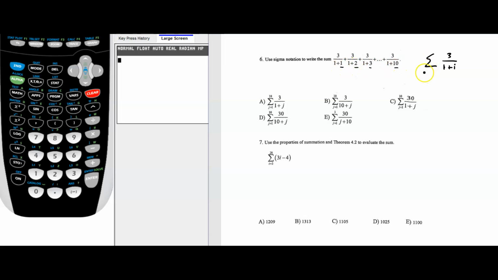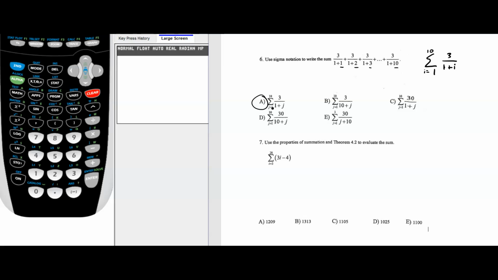The lower bound for that index is 1, and it goes all the way up to 10. So I would write this as the sum of 3 over 1 plus i as i goes from 1 to 10. In terms of the multiple choice, that ends up being A. I guess they used j instead of i, but remember that variable is completely arbitrary. You can use whatever variable you want.